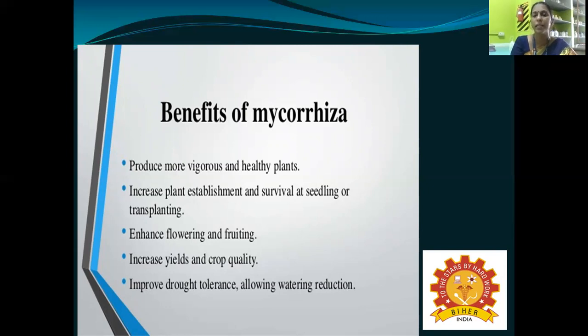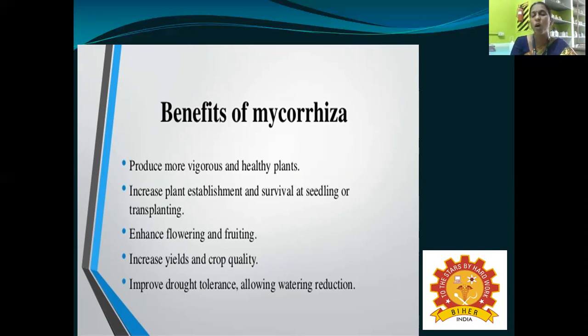Suppose you take 10 seeds: under normal conditions around 5 to 6 seeds grow, but if you put this VAM as a biofertilizer, around 8 to 9 seeds reach the seedling stage. Therefore it is suitable for seedling or transplanting. It also enhances flowering and fruiting, so the yield of a plant is higher with this VAM, and crop quality also increases.